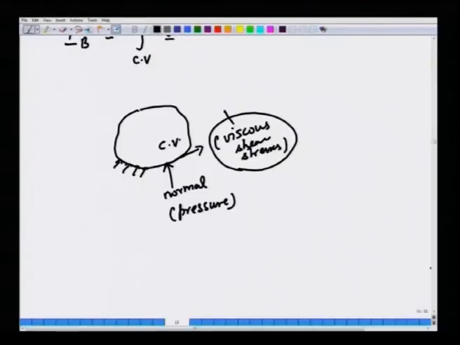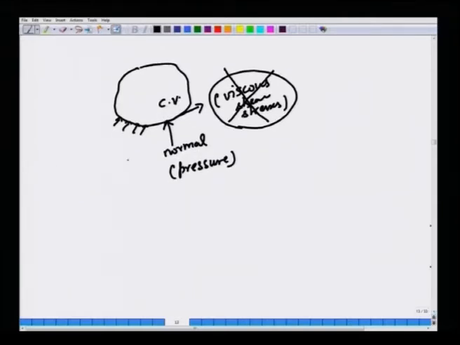Because it is difficult to know a priori, unless you have detailed experimental data or solve the differential balances, the viscous shear stresses are often neglected at this point. So, if you have a control volume, usually the only surface force that is taken into account is the pressure force.